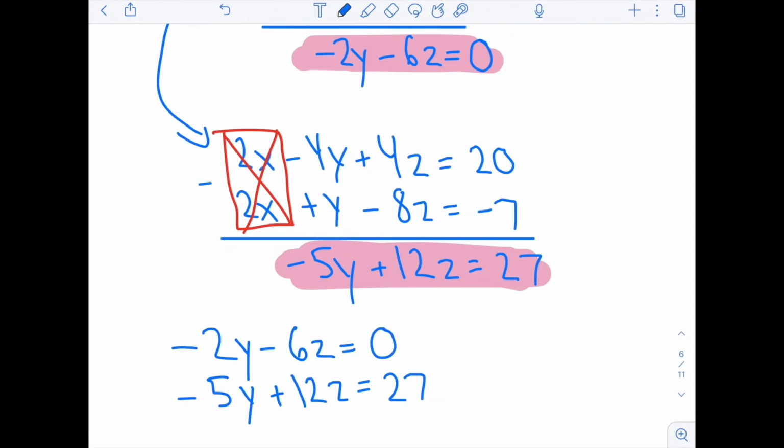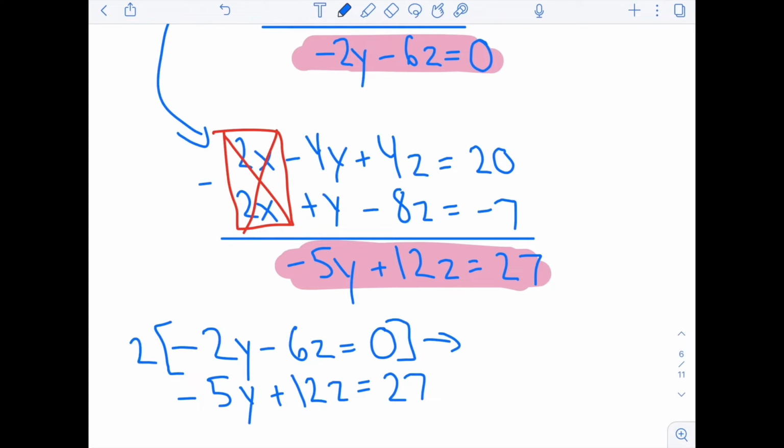We're not going to cancel out the y's because finding a common multiple with 2 and 5 is going to take a while, but we can easily find a common multiple with the z terms, with the 6 and the 12. What I can do is double the 6 and make it 12, so we can just add them together and they'll cancel out. So I'm going to take this entire equation and multiply it by 2.